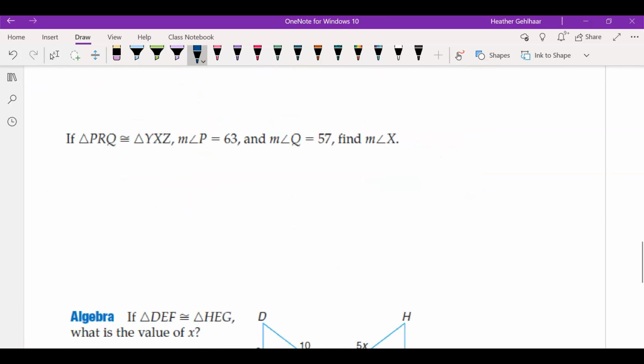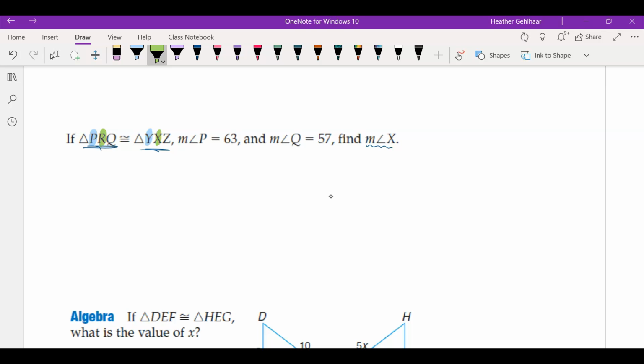Okay. Next example, it says here that we have two triangles that are congruent to each other. We need to find the measure of angle X. Now, there's a couple ways to do this. The quick way to do it is do exactly what I did in the beginning. P is going to be corresponding to Y, which means those are congruent.